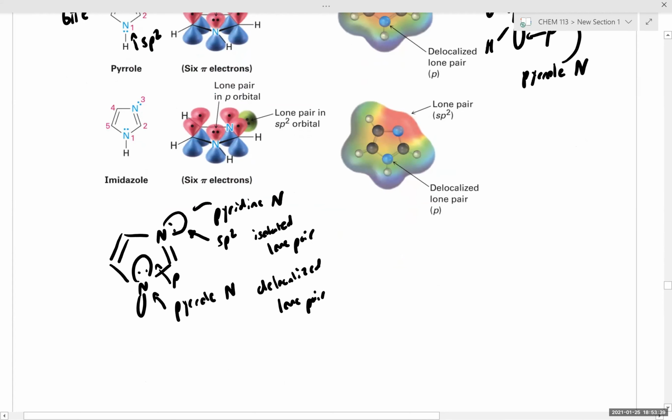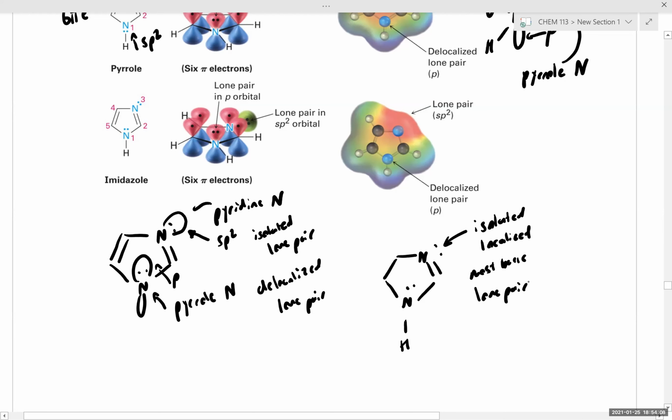So if we think about basicity, which of these lone pairs is going to be the most basic? We already have students typing that they suspect this top lone pair, considering it's isolated and localized, would be the most basic lone pair. And that would be correct.